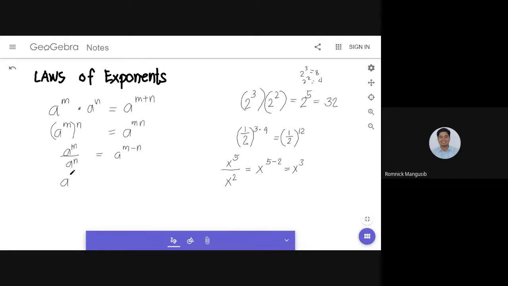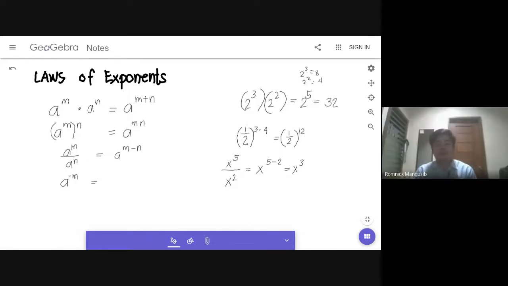Next, we have the negative exponent rule. This negative exponent rule is something most people are often not aware of. When the exponent is negative, it doesn't mean the number is negative. It is still a positive number. However, it will become a fraction.